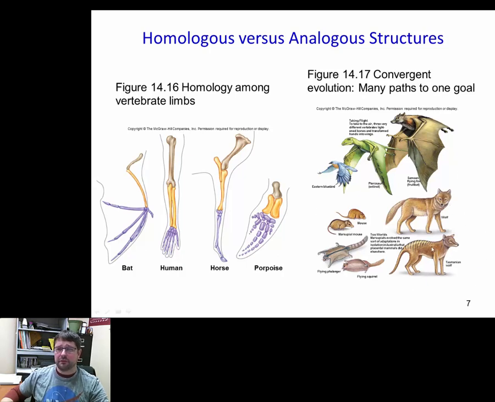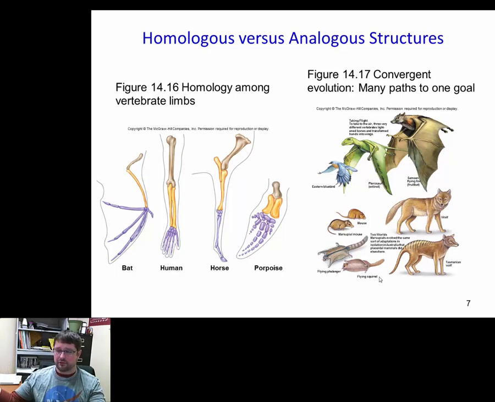The other thing that we can see with convergent evolution is examples of groups of organisms that have similar life cycles and lifestyles, but are not related to each other. For example, marsupials and placental mammals evolved completely separately.